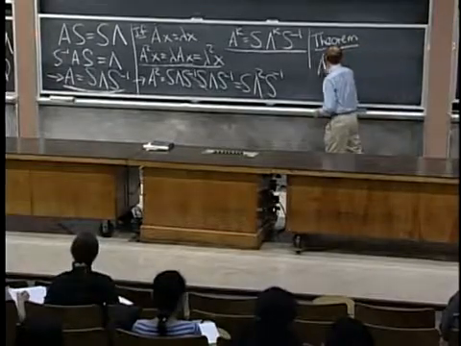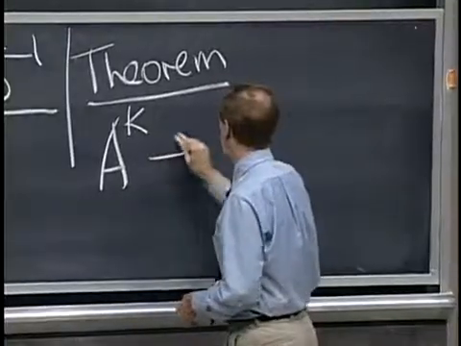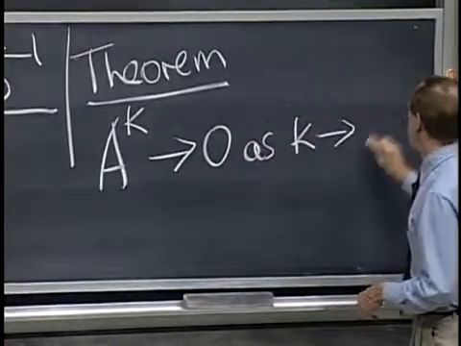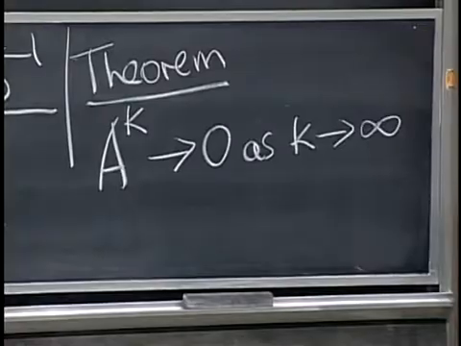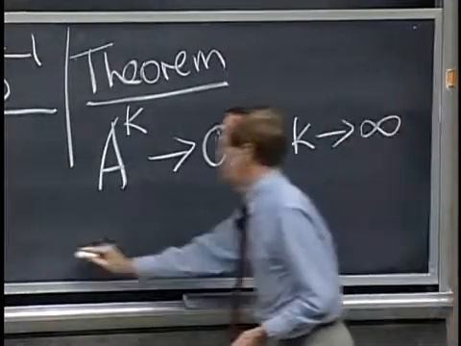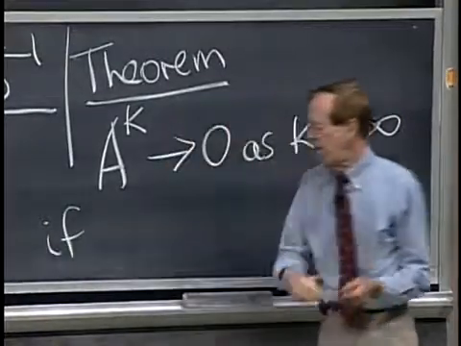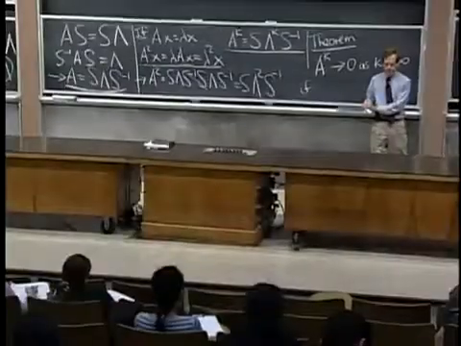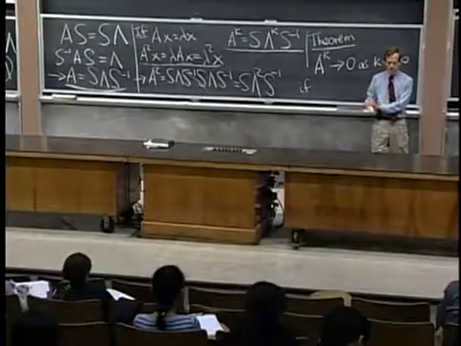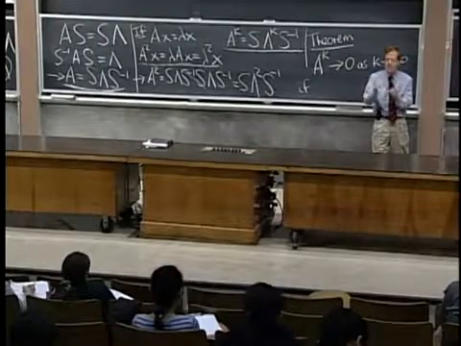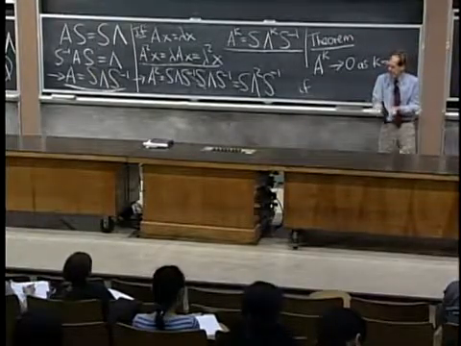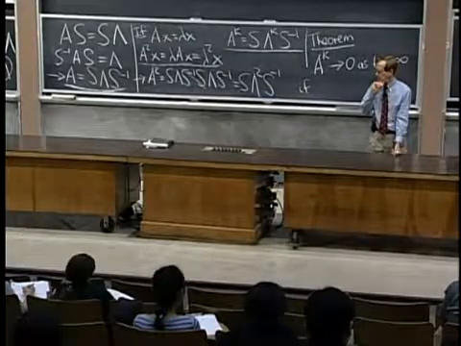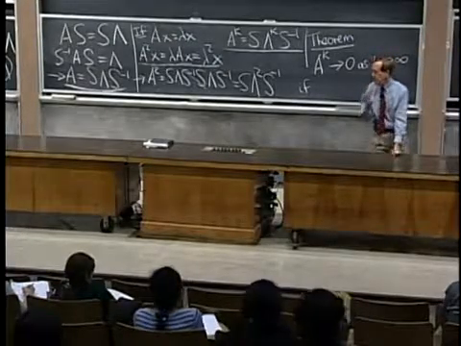A to the k approaches 0 as k gets bigger, if what? How can I tell for a matrix A if its powers go to 0? That information is somewhere inside that matrix. It's not present in the pivots. It's present in the eigenvalues.